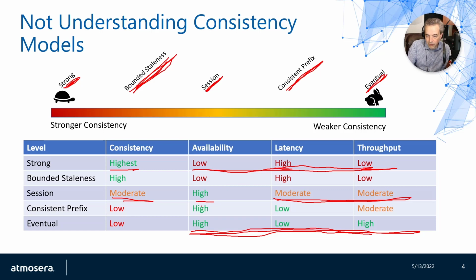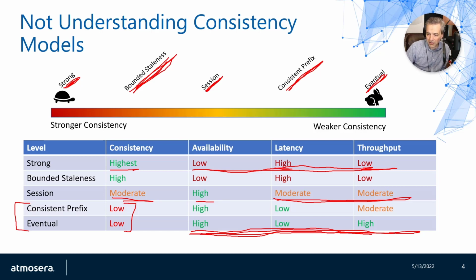If you can adopt one of these more eventual or weaker consistency models, you're going to end up with higher throughput and lower latency on your queries, on your reads, because this is kind of separating the reads from the writes. The consistency obviously is low, but this is going to get you better performance on your database.